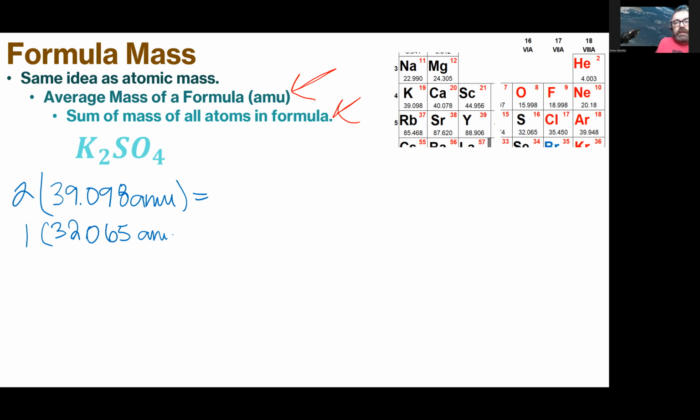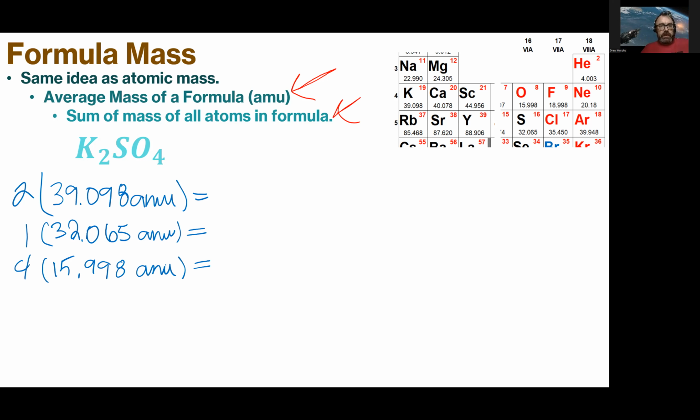That's 32.065 AMU. And then we have 4 oxygens, so that's 4 times 15.998 AMU.